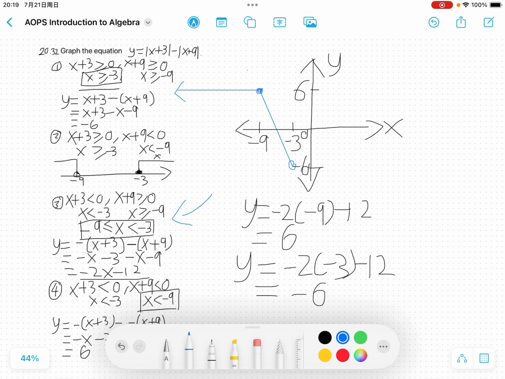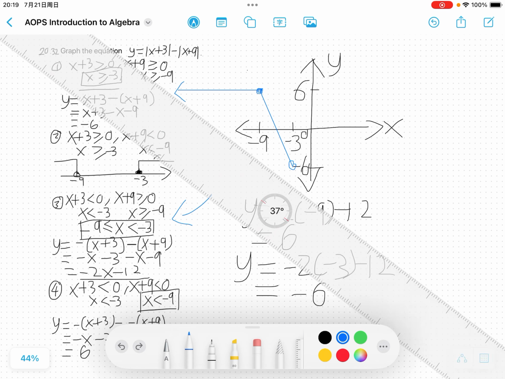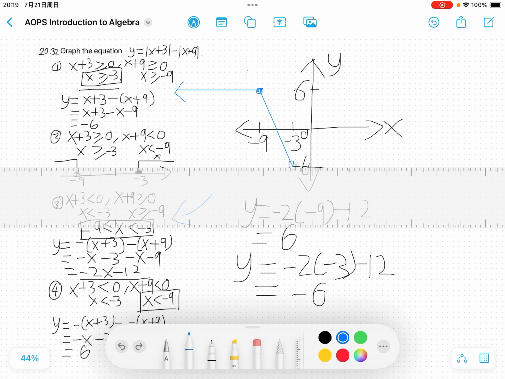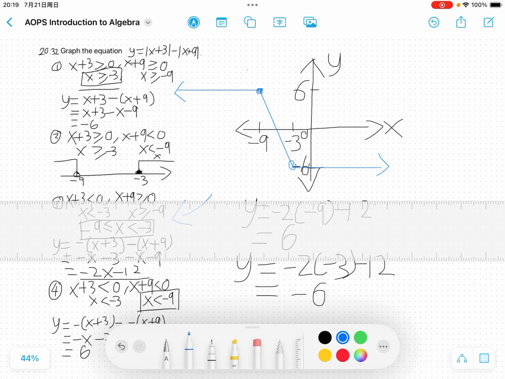Section 3 of our graph is when x is larger or equal to negative 3. In this case, we have y equals negative 6. So this is our line over here, and we draw an arrow to indicate that it goes on forever.